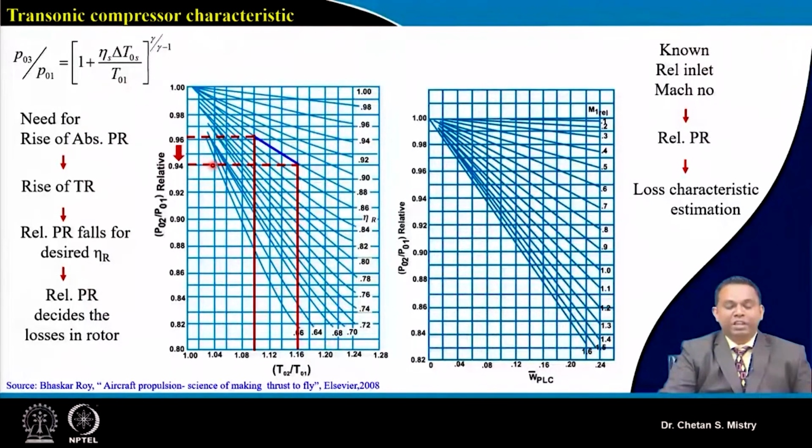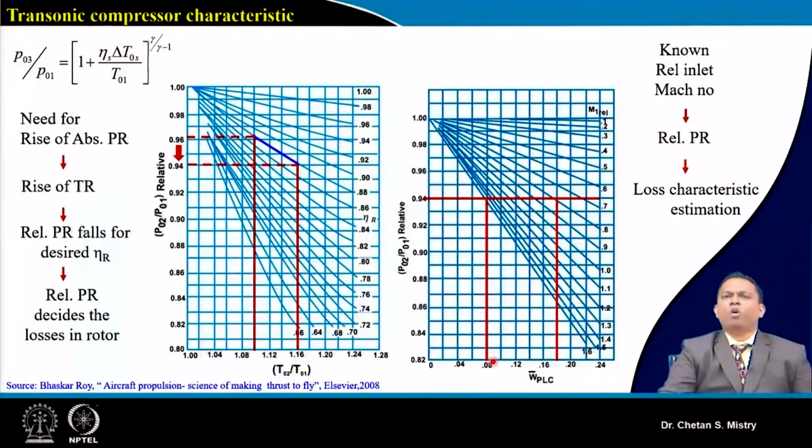Now suppose I am considering a relative pressure ratio of 0.94, and this axis represents my relative entry Mach number and this one represents my losses. What it says is, if my relative Mach number is higher, then we are able to have lower losses. If the relative Mach number is lower, my losses are going to increase.